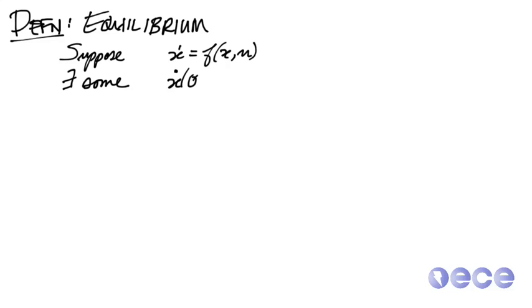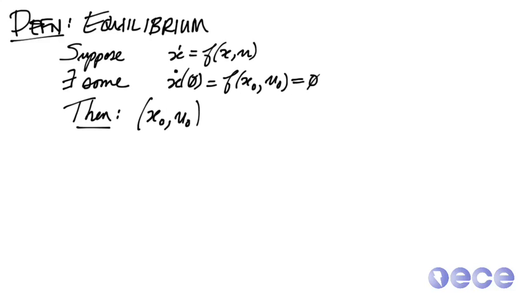And so let's assume that there's some x0 and u0 for which x dot is equal to 0. That is, I'm going to pick a point x0 and another point u0. So if I plug them into the function f, then x dot is going to be equal to 0. So if this is the case, then I pick x0 and u0 as an equilibrium.